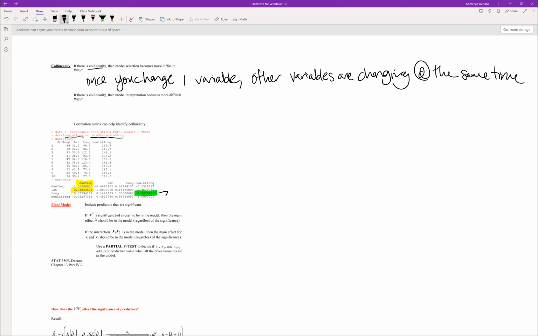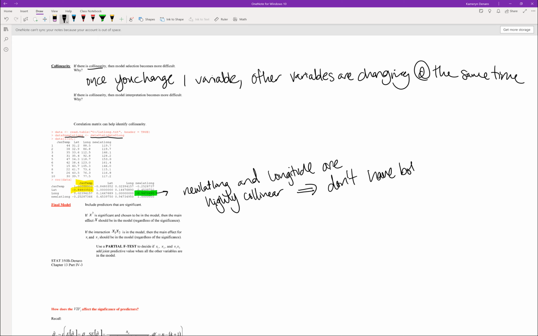Based on this, we can say that the variables new lat long and longitude are highly collinear, which means we do not want to have both of these variables in the same model.